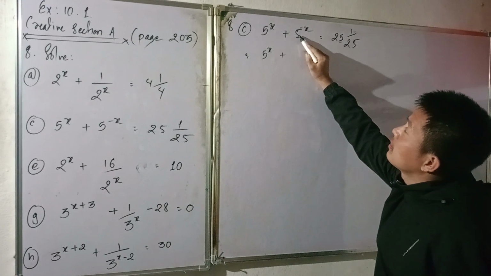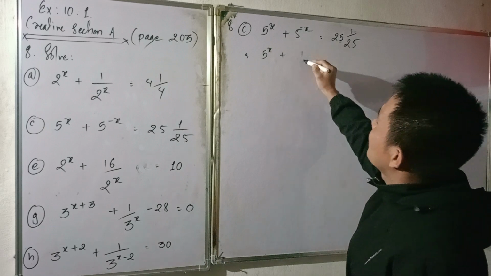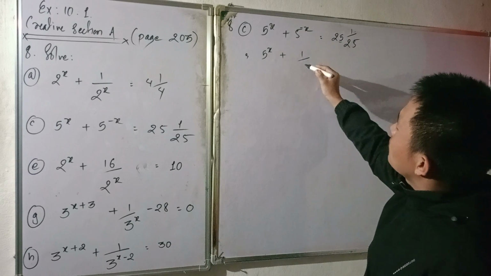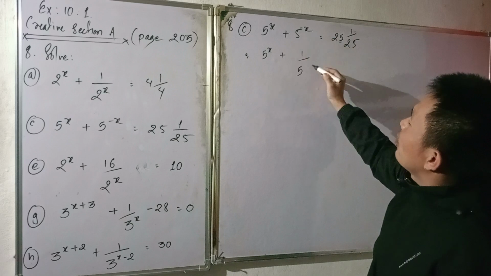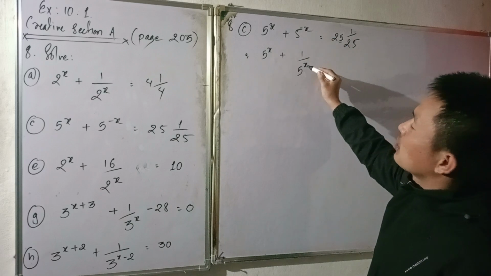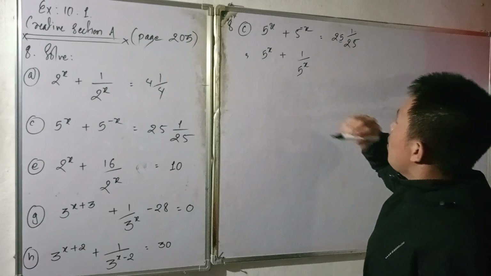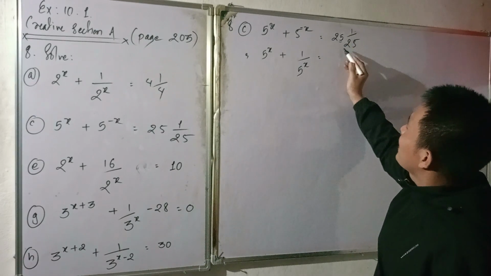So when this 5 power minus x is put into the denominator, then this minus will disappear and it becomes positive, 5 power x.